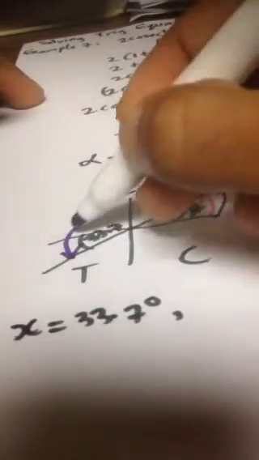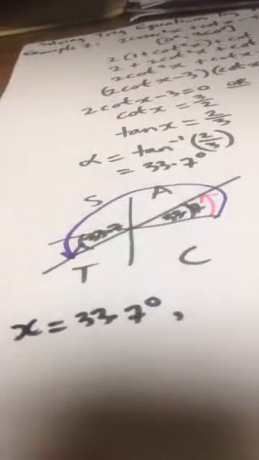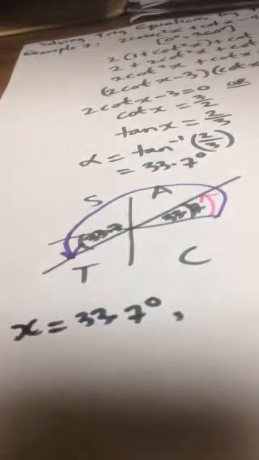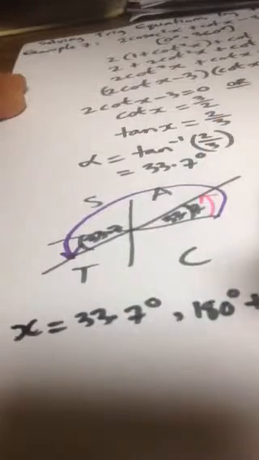That's 180 plus alpha. So x is equal to 180 plus alpha in the third quadrant. That's 180 plus 33.7 degrees.